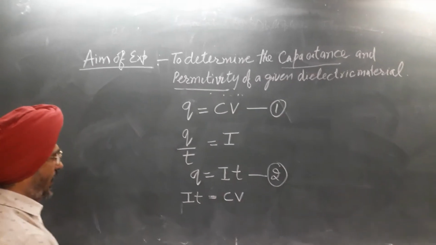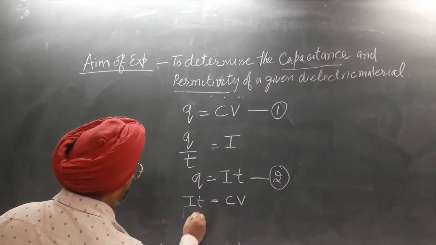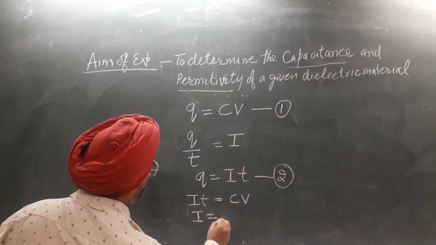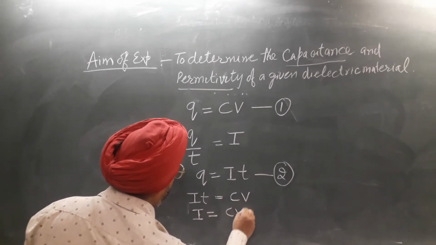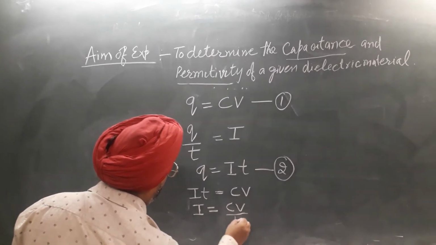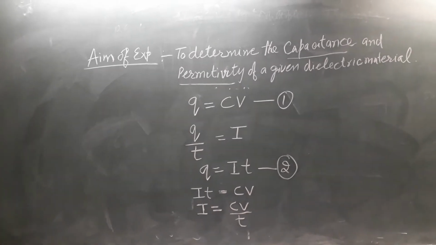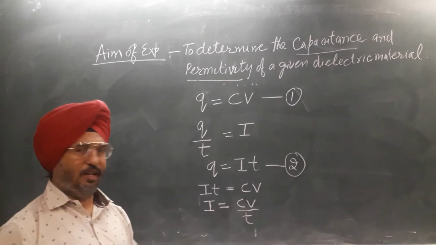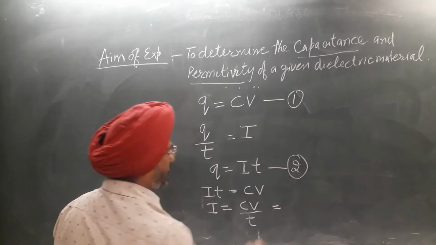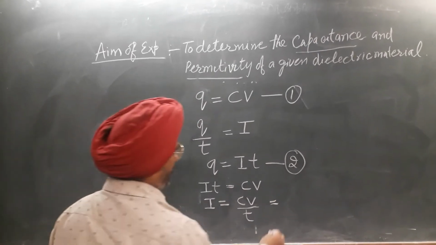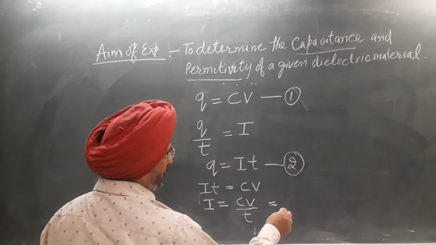CV, and I is equal to CV upon T, that is, 1 upon T into CV, and 1 upon T is known as frequency. Frequency is equal to 1 upon time period.